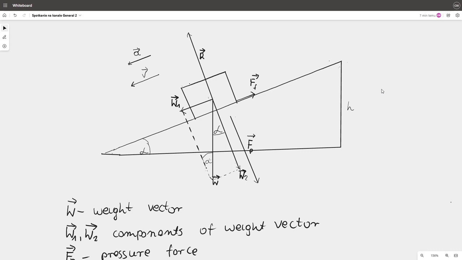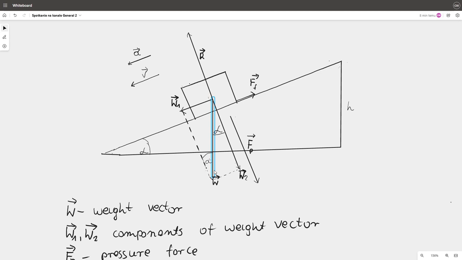So now we are prepared to solve our problem. Firstly, we draw vector of weight W here. It is perpendicular to the horizontal.